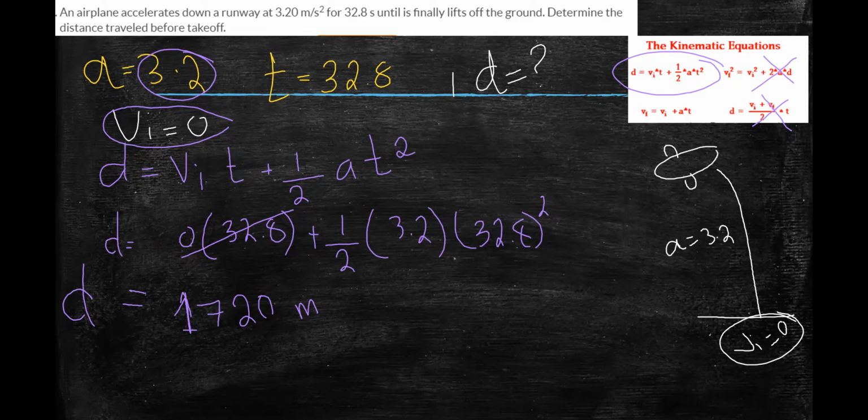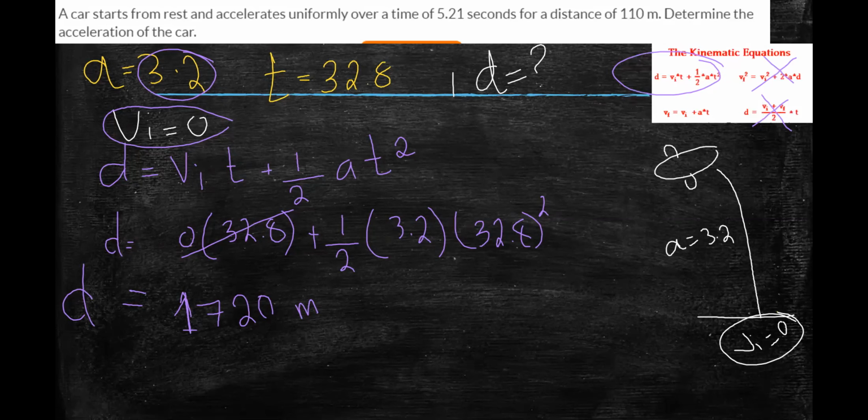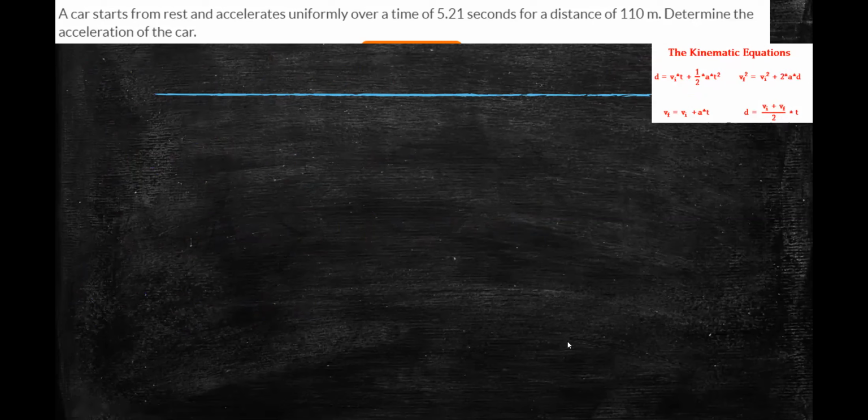Now let's talk about the second question. In this question, a car starts from rest. What does it mean? At the initial time, the speed is 0.